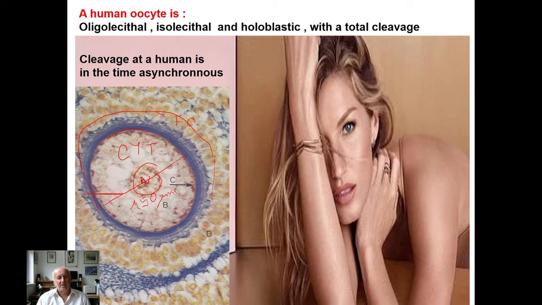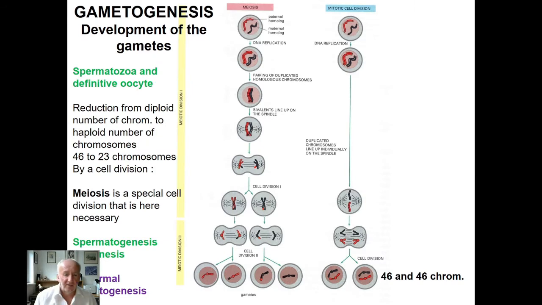Iso, they are everywhere in the cytoplasm, not on one pole. Holoblastic, when it is a fertilized oocyte, a zygote, it will divide completely into two daughter cells. So, I think you understood it, and we can move to the next chapter.